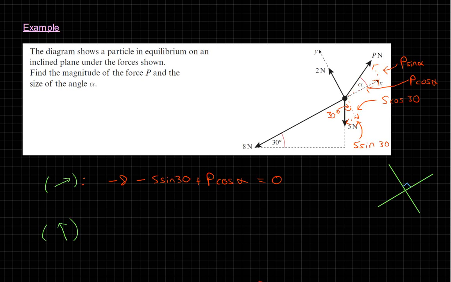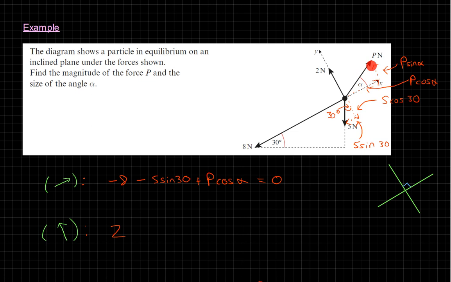So the perpendicular direction, we've got 2 going upwards, so that's a +2. You've got to remember to check the components of every single force. So the component of the 2 going upwards is the whole thing, is 2. What's the component of the P going perpendicular to the slope?